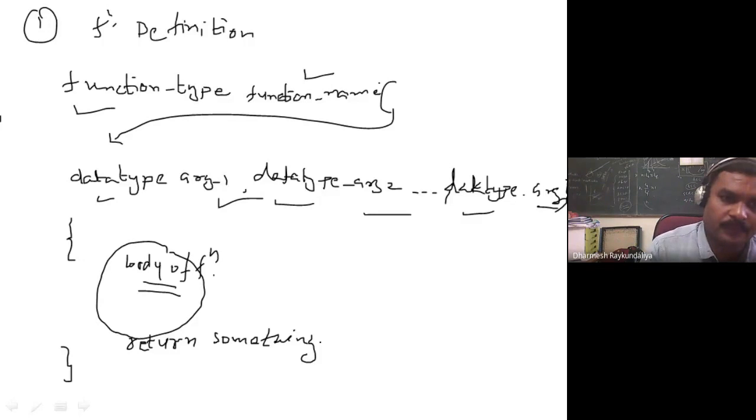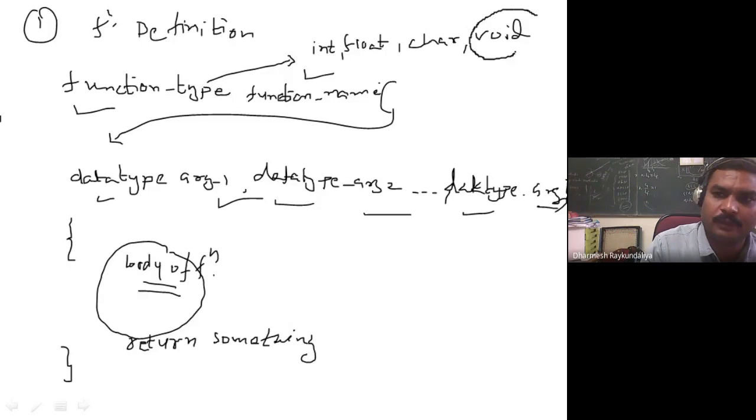When you talk about the type of function, as I said, it may be integer, float, or character, and if you don't want to return anything, the type is void. When you say void, that means you don't want to return anything from the function.